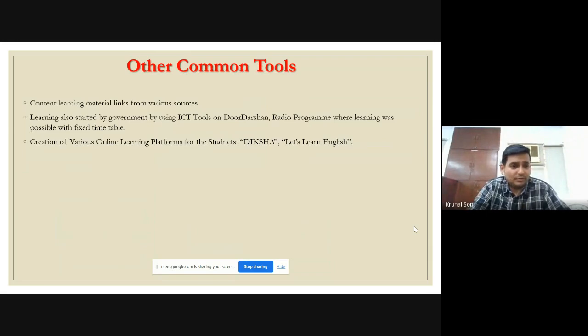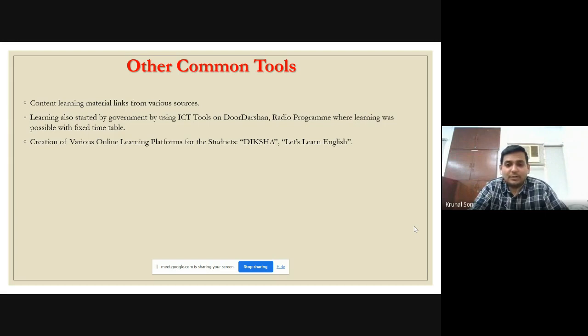Other common tools, so content learning materials like links from various sources. So you can utilize the various links from the sources. Learning was also started by the government using ICT tools on Doordarshan, right? So if you remember, during the COVID-19 time, when we were not aware about online classes, the government took the initiative for primary students, like first standard, second standard, third standard, to have their classes in online mode, right?